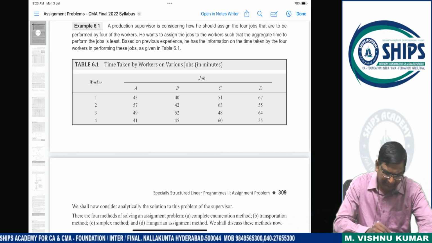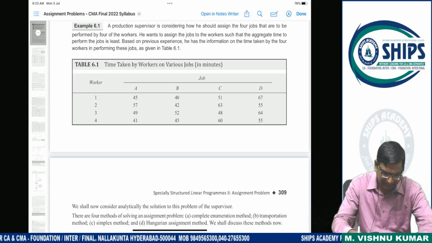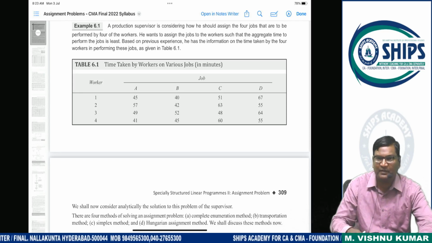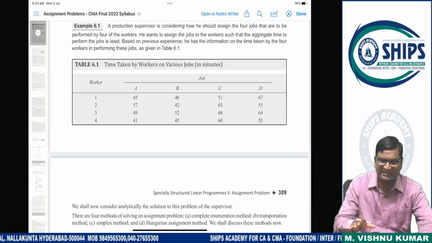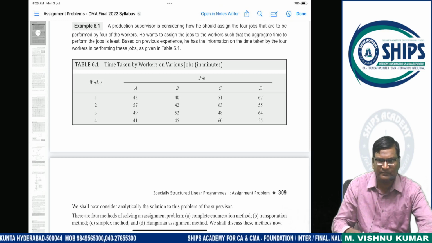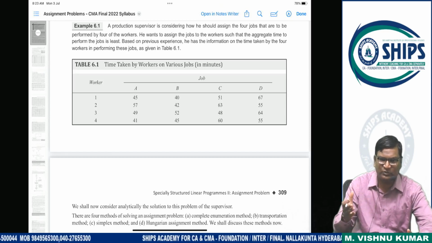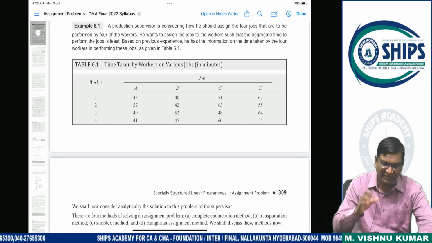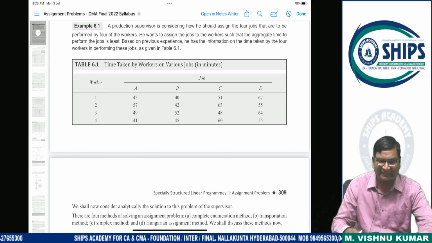If workers 1, 2, 3, 4 are working on different jobs, and you give the work to a worker who is doing the job very late, obviously in that case cost will increase, right? Any worker who is not doing the work fast or efficiently, if you allocate the work to him, what will ultimately happen?